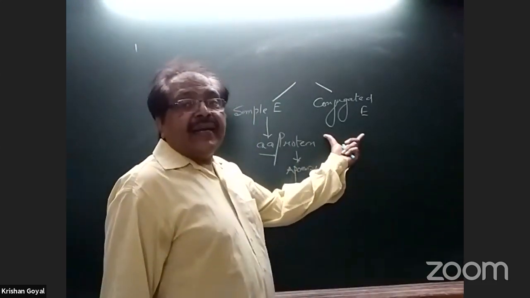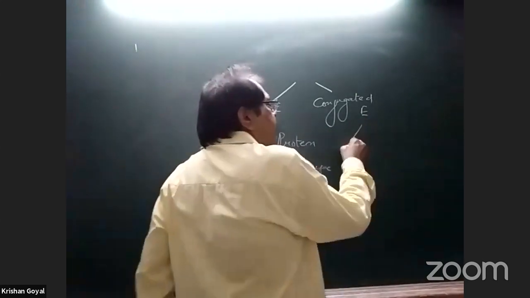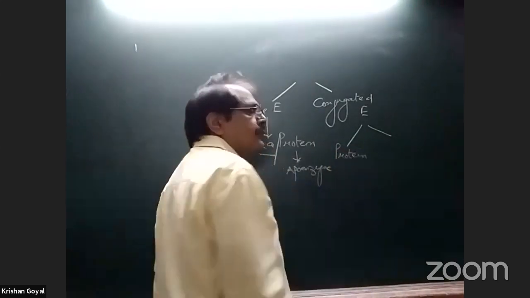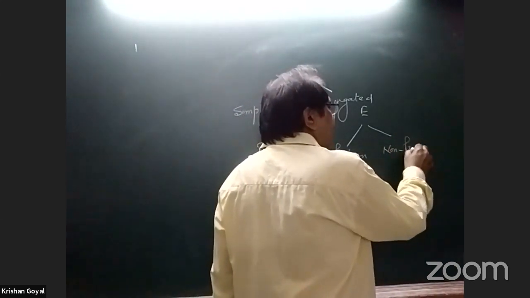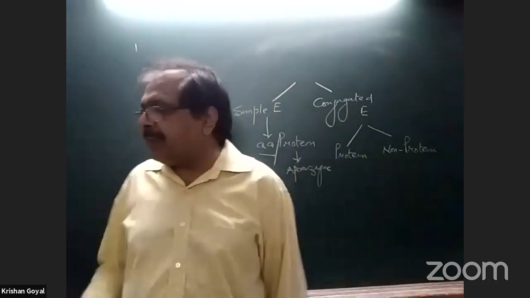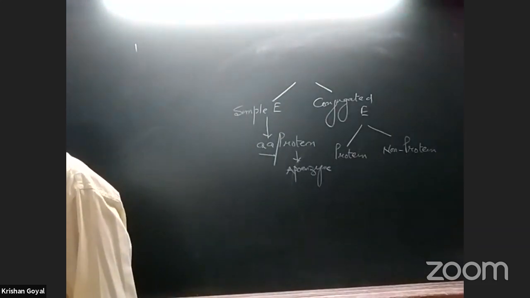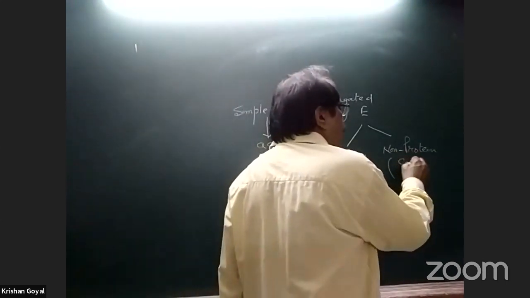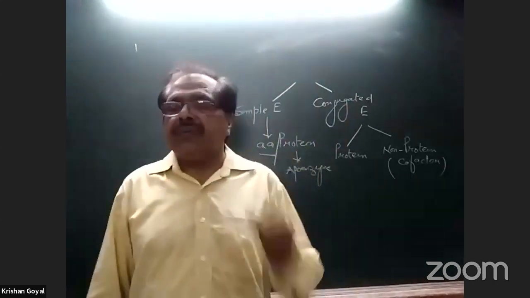In conjugated enzymes, an enzyme has a protein part as well as a non-protein part. The non-protein part is called cofactor. Please write it down.